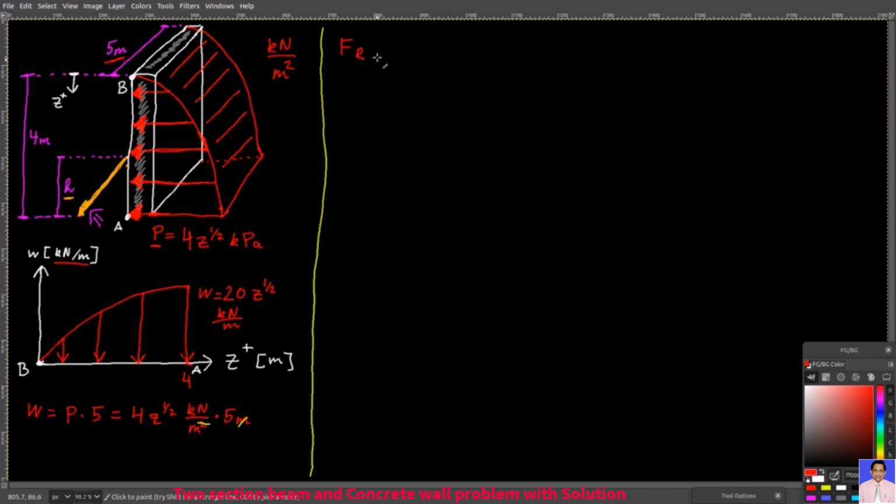So the total resultant force due to this distribution is the integral from 0 till 4 W times dz. That will give you this integral, so you will have 20 over 1.5 times Z to the power of 1.5, and you evaluate it from 0 to 4.